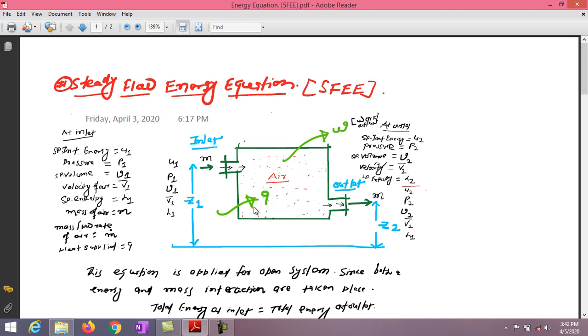So whenever heat is supplied to the system, work is done by the system, as we explained in the first law of thermodynamics for closed system. So these all are the properties of the air at inlet and outlet, right?